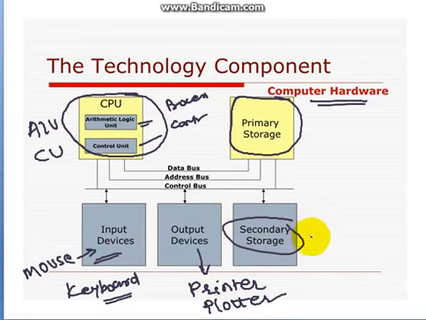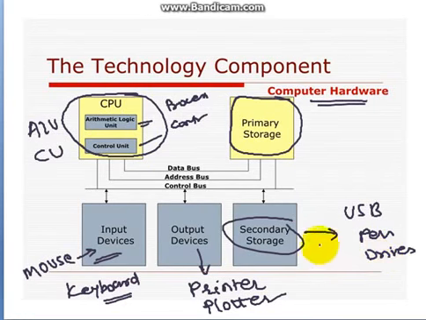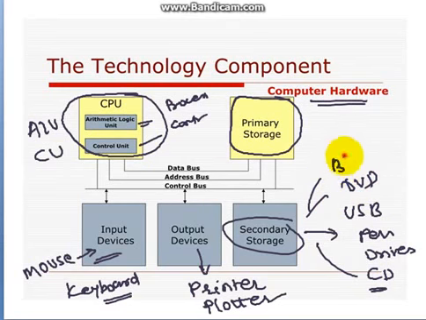And the secondary storage devices are like USB pen drives, or you can have CDs, compact discs, or DVDs, Blu-rays, or an external hard disk. So these are the secondary storage devices.